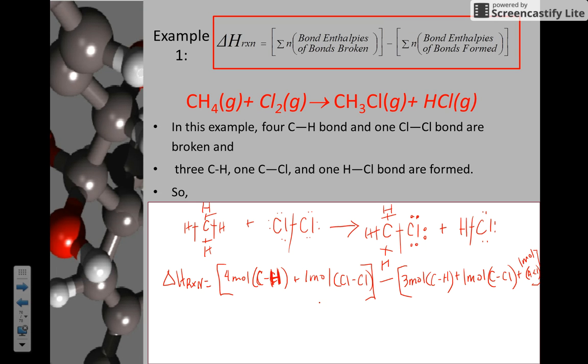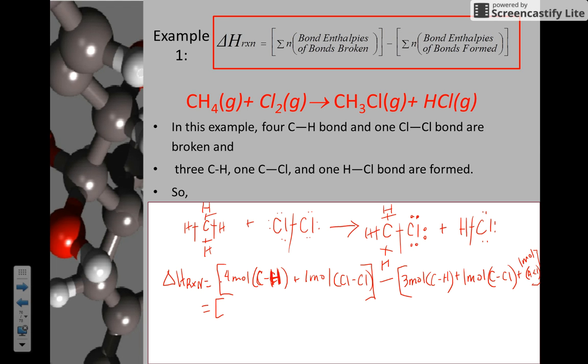Now look to the bond energy diagram that was on the previous slide. It was in your notes. And so what you're going to do is you're going to look up these values. Now we're going to substitute those in. So notice also in the bond energy values, if you look at the units, those are in units of kilojoules per mole.